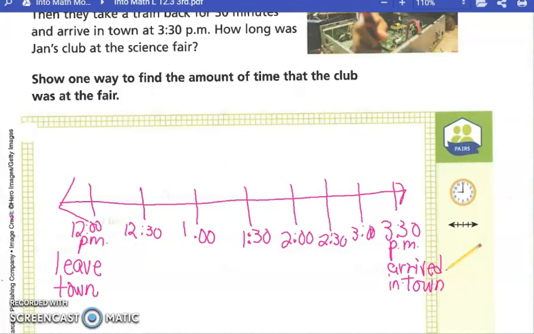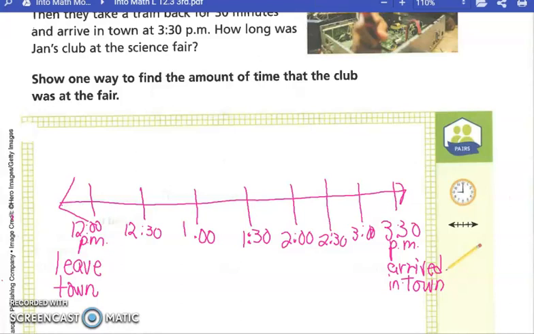Now, so how much time is between each line? How much time is it from this line to this line? 30 minutes. Okay, now the question is, how long was Jan's club at the science fair? Well, what time did they arrive at the science fair? They left town at 12 and it took them 30 minutes.